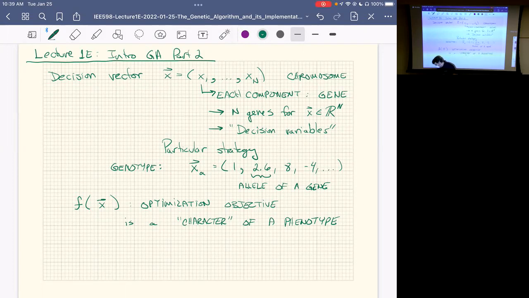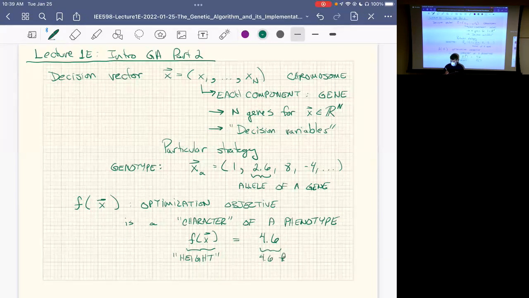And then each value of a character, so if f of x equals, say, 4.6, this, for example, might be height, 4.6 feet or 1 point whatever meters. And so the actual value of the height is referred to as a trait. So you have a certain character, and then the values of those characters are the traits.